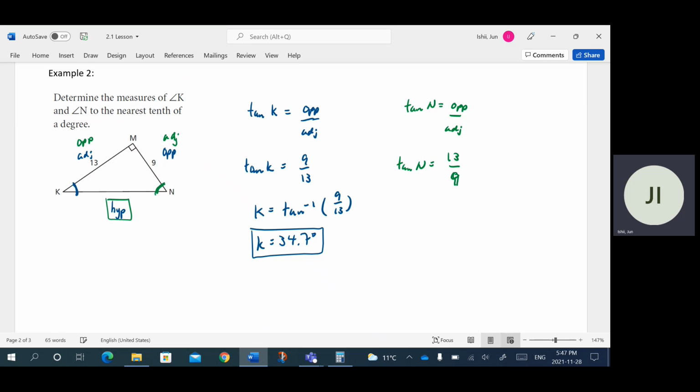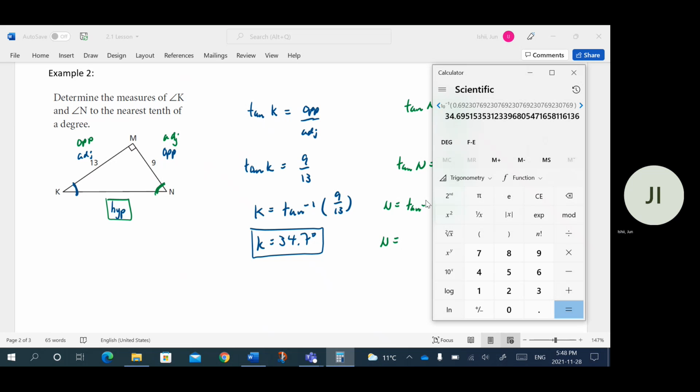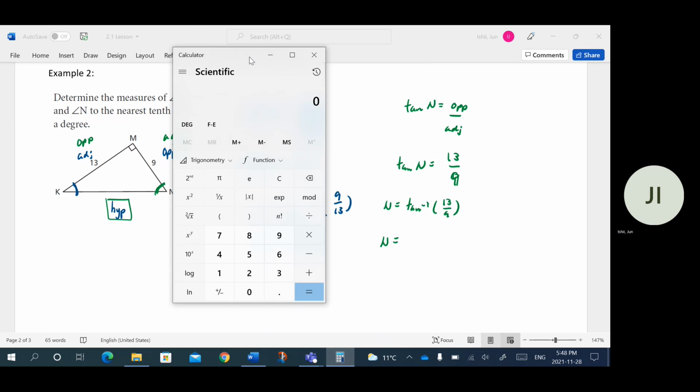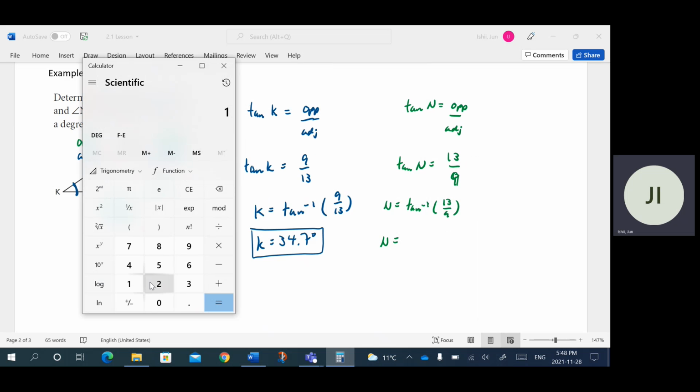Notice that the fraction actually just gets flipped when I'm using the other angle. So N is going to equal tangent inverse of 13 over 9. Let's punch that in our calculator. 13 divided by 9 equals 1.4444.